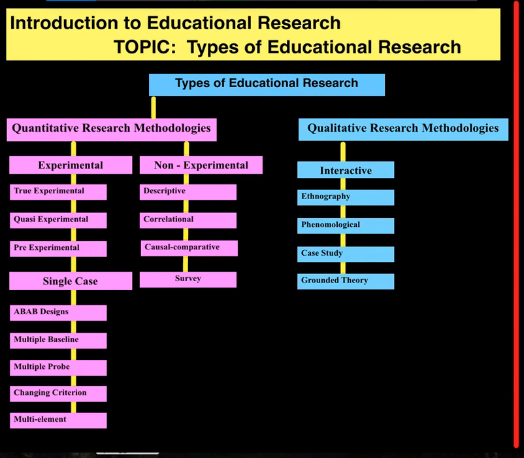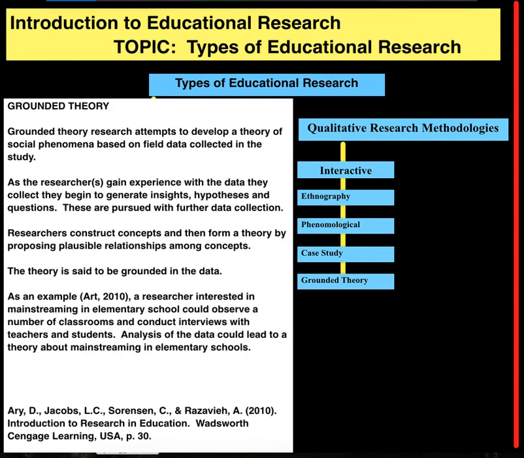We have what is referred to as grounded theory. Grounded theory research attempts to develop a theory of social phenomenon based on field data collected in the study. As the researcher or researchers gain experience with the data they collect, they begin to generate insights, hypotheses, and questions. And these are pursued further with further data collection.